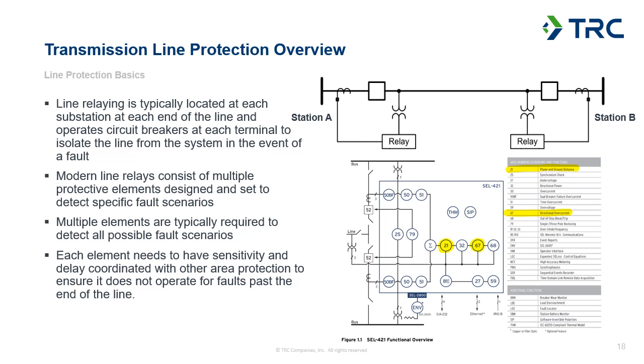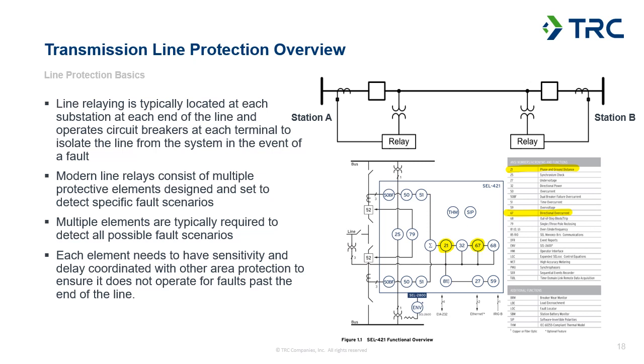Modern line relays are generally microprocessor-based relays like Schweitzer or other relay manufacturers provide, and they consist of multiple protective elements within a single box. Historically, with some of the older vintages of electromechanical relays, you'd buy a relay that would provide a single function, maybe even just protect a single phase of a three-phase system.